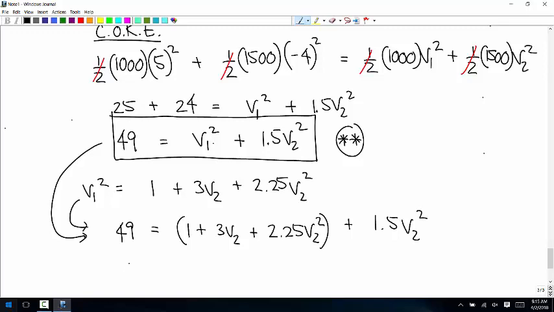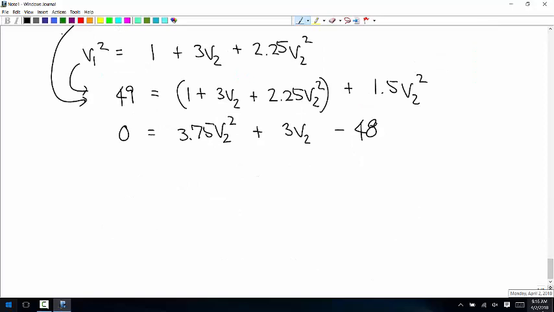And so 0 is equal to 3.75 V2 squared plus 3V2 minus 48. Quadratic formula.